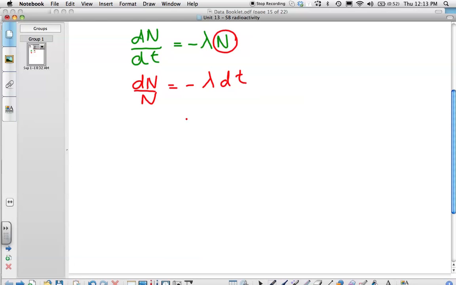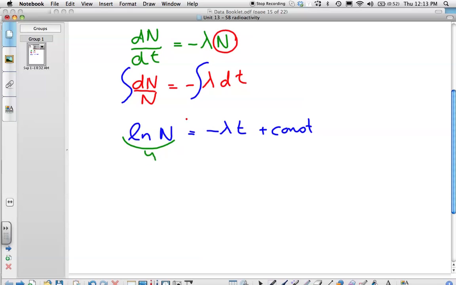If we integrate both sides, this becomes the natural log of N is equal to minus lambda t plus a constant. Now one can see that if we viewed ln N as y and t as x, this constant would be your y-intercept.